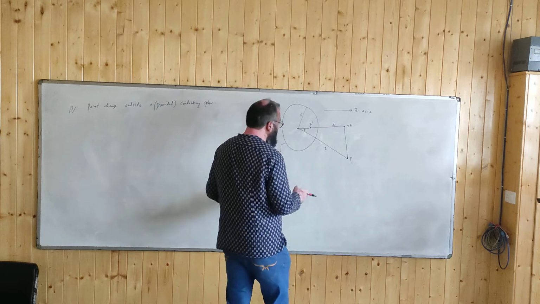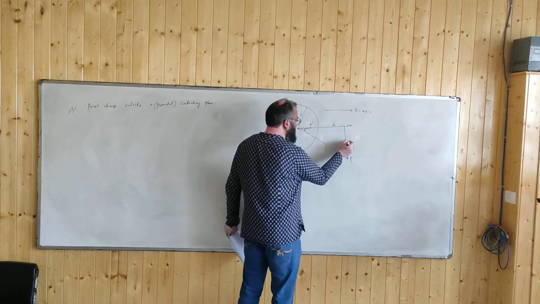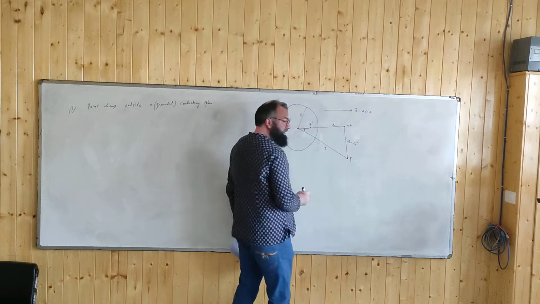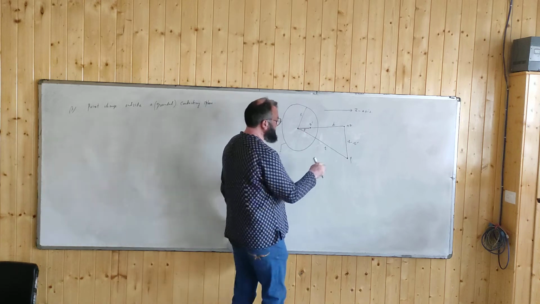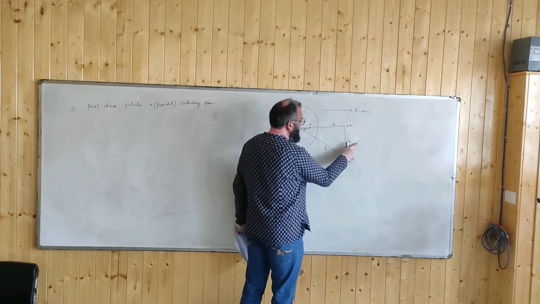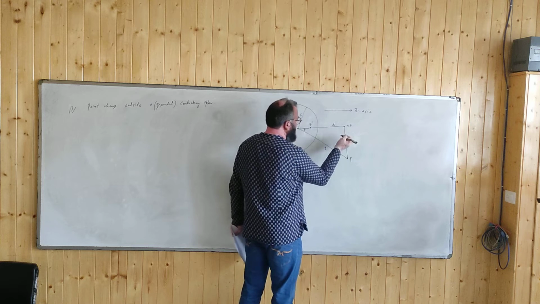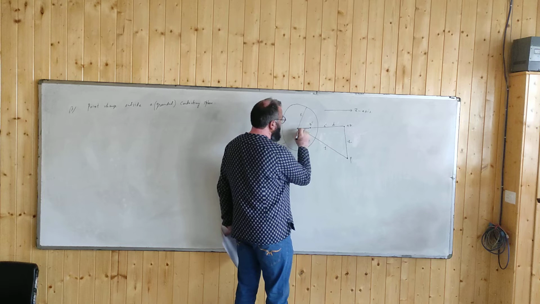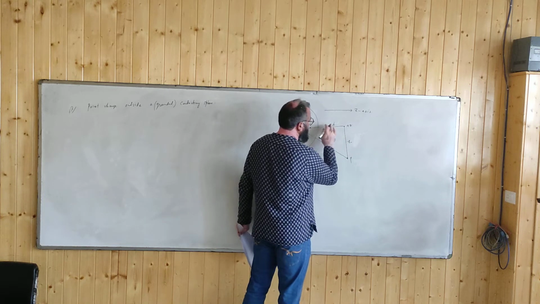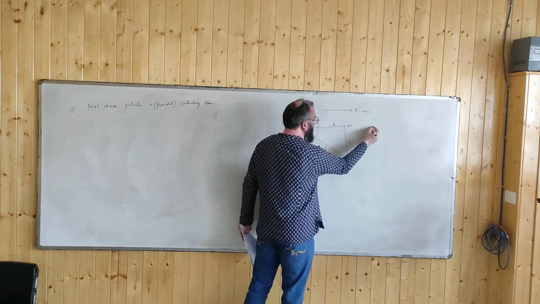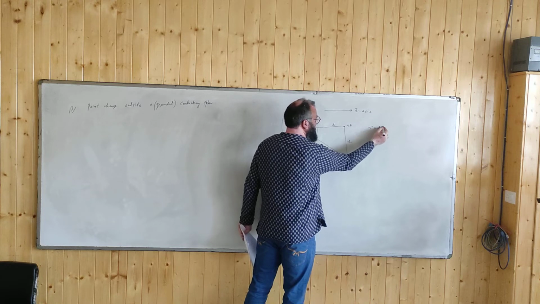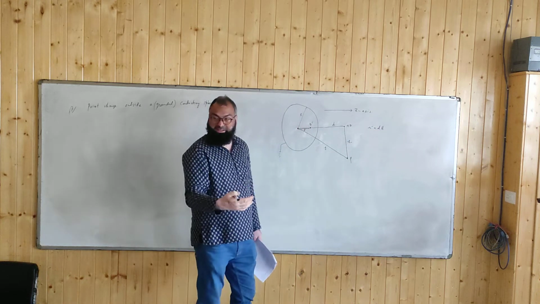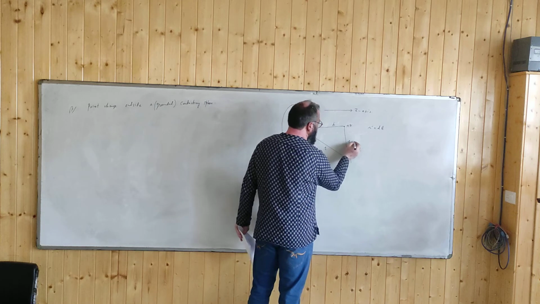So what will this distance be? It's r minus r prime. Let's call this entire vector r prime. What is our r prime? Our r prime is simply d in the z direction, is it?